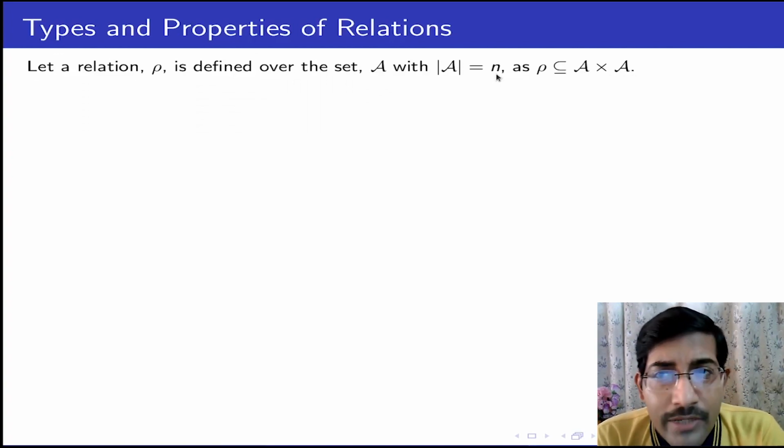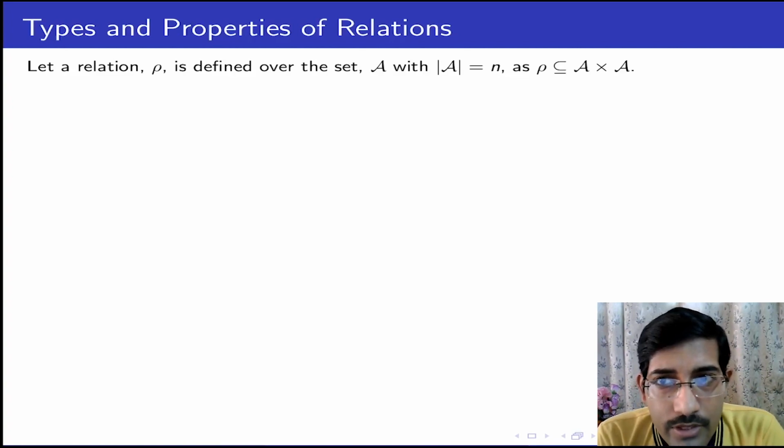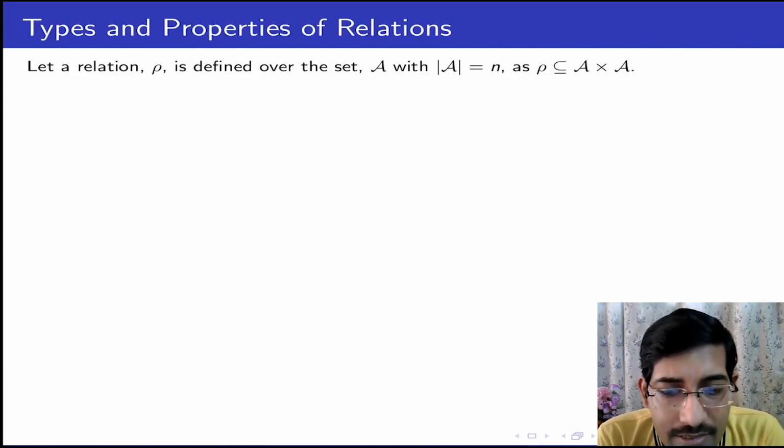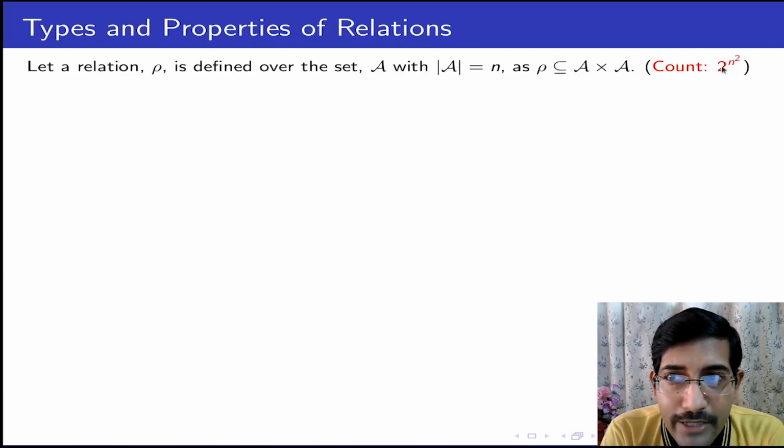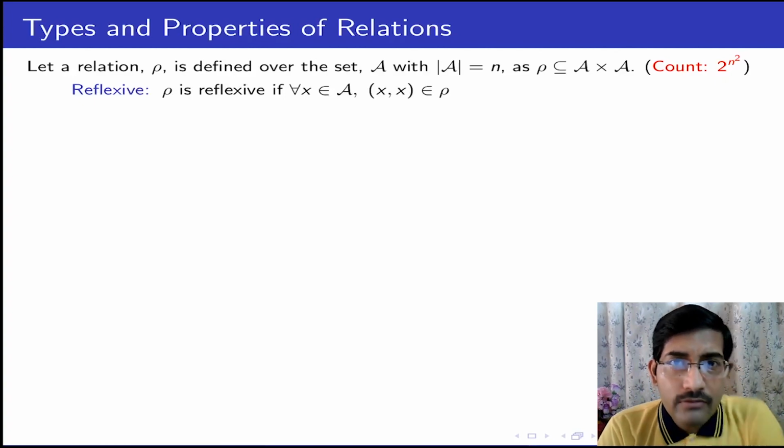Firstly, how many such possible relations can we produce? If it is A cross B, A having m elements, B having n elements, then the possible number of different relations is all possible subsets, so it is 2 to the power mn. So for A cross A, it will be 2 to the power n into n, which is 2 to the power n squared.